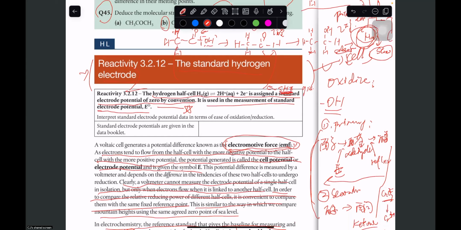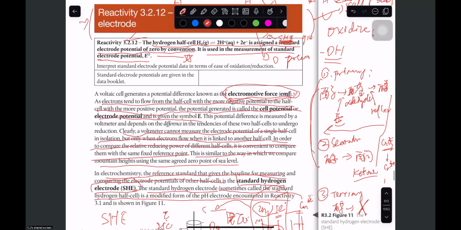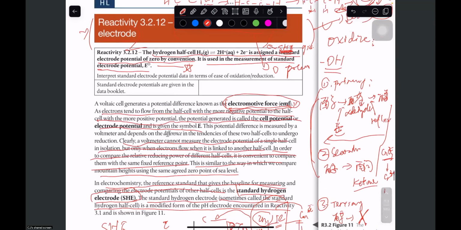Okay. So standard hydrogen electrode. We use this half cell as the standard half cell. We set its potential as 0 potential. So in this part, we will see how to set the SHE. We use the hydrogen half cell.